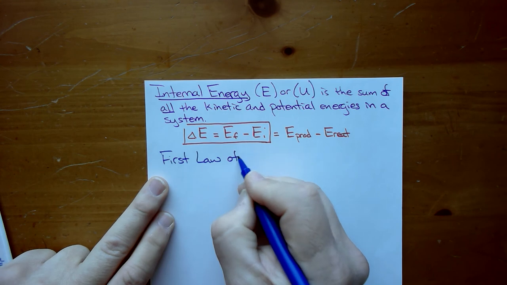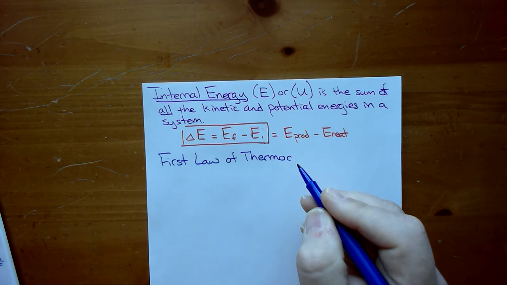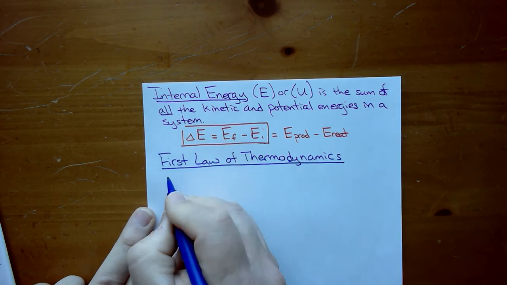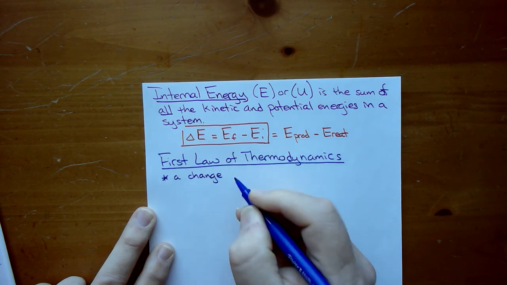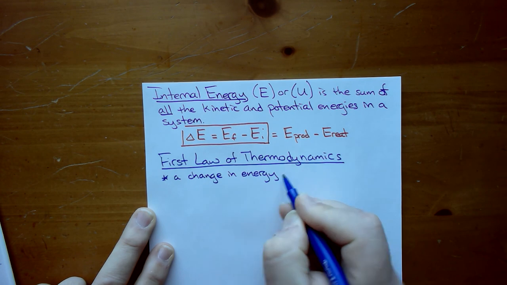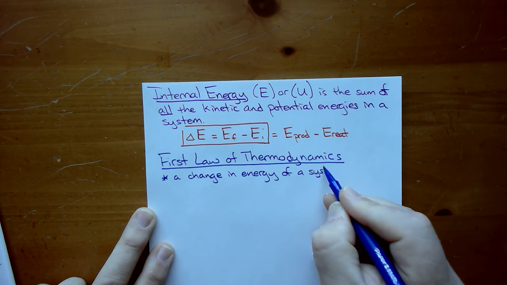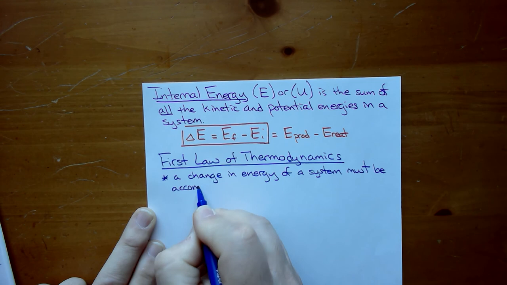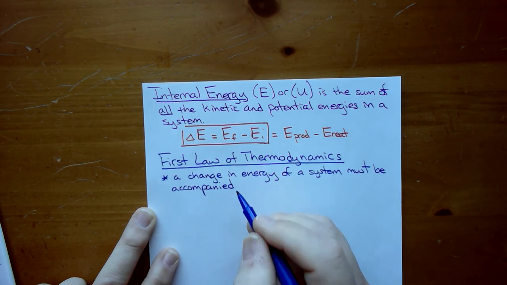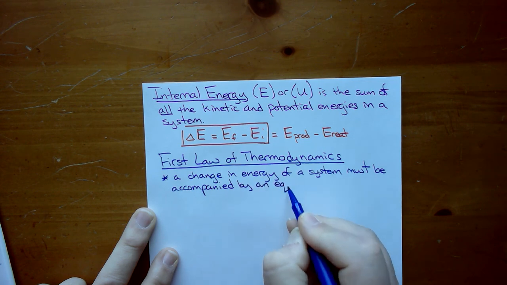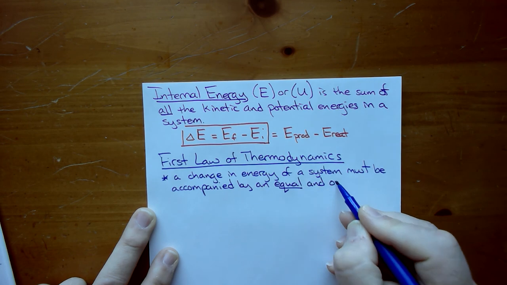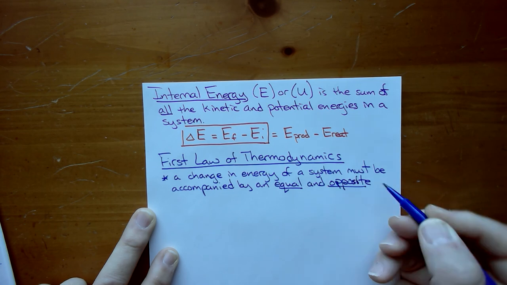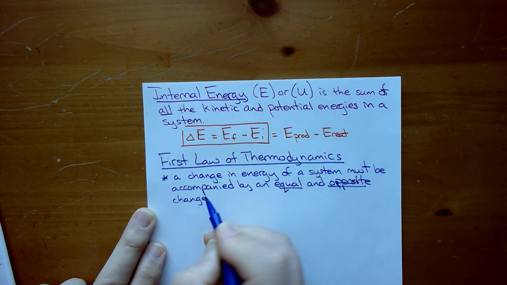So the first law of thermodynamics is a change in energy of a system must be accompanied by an equal and opposite change of energy in the surroundings.